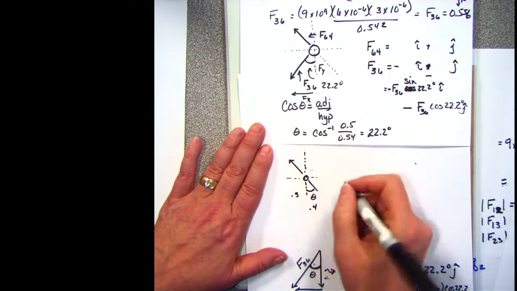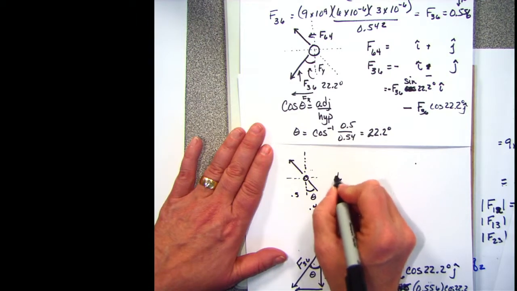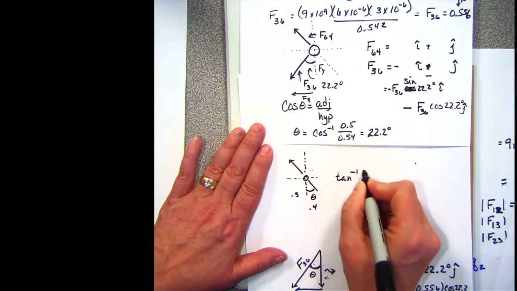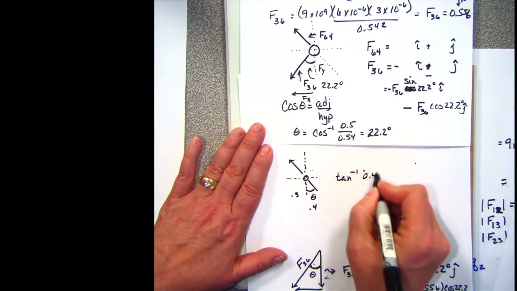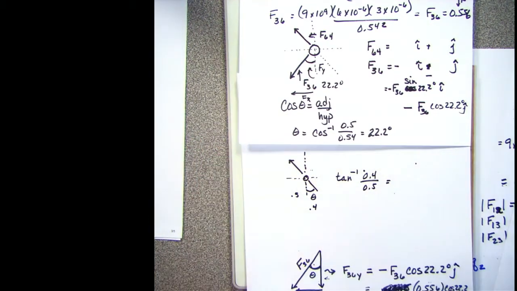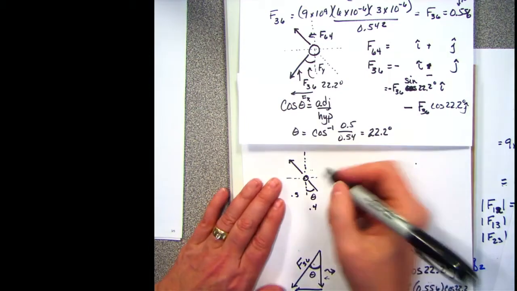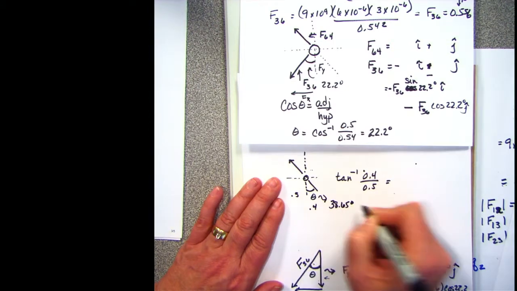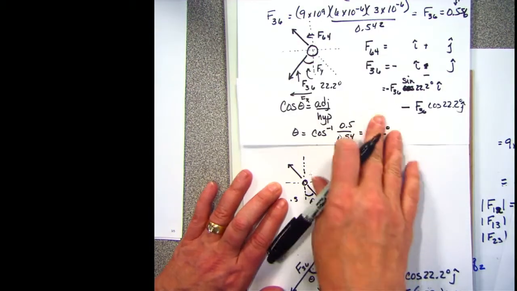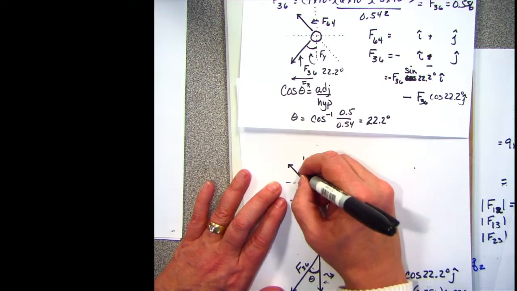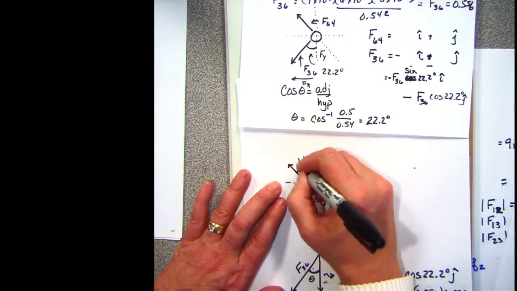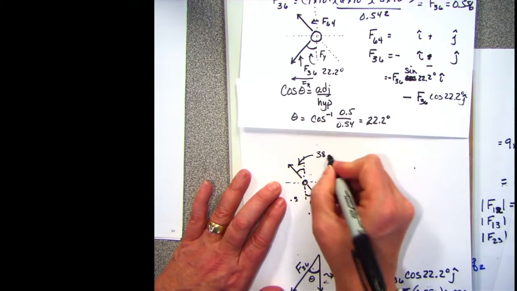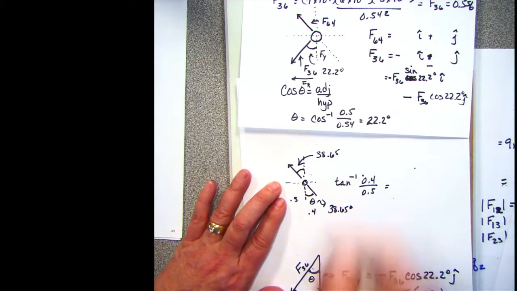So my angle is the arc tangent of my opposite side, 0.4, divided by my 0.5. This angle is 38.65 degrees. Now this angle and this angle are going to be the same. I can use my trigonometric identities to get that.